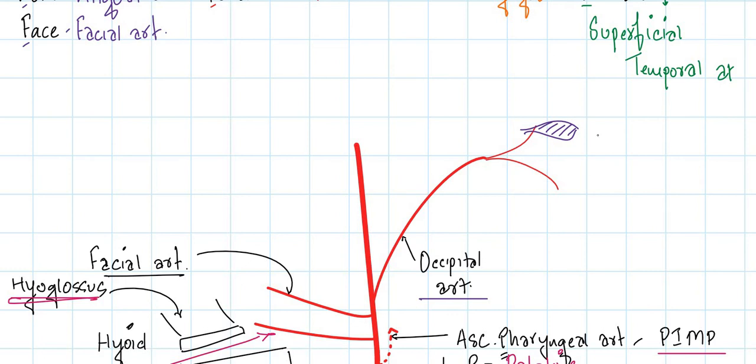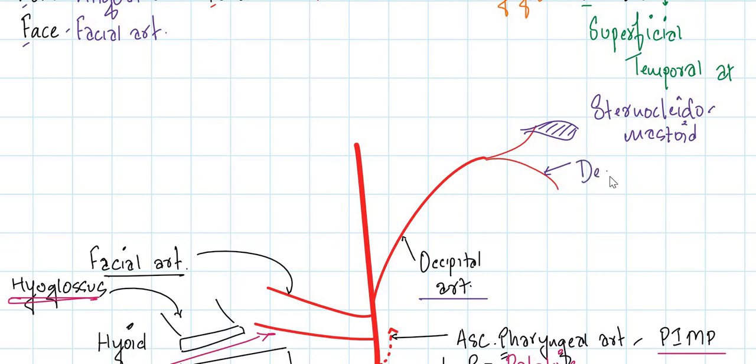This muscle is called the sternocleidomastoid, and this is the sternocleidomastoid branch. So the occipital artery has two branches. One of the branches is supplying the sternocleidomastoid, and the other branch is called the descending branch.